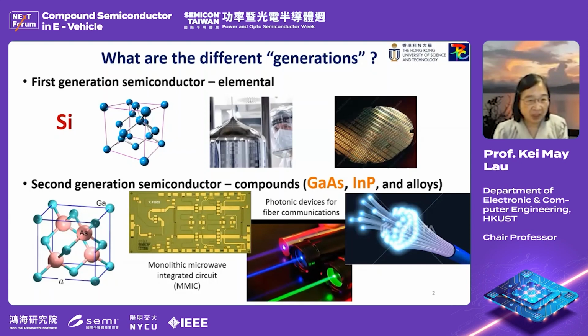And the second generation, people may call it gallium arsenide, indium phosphide, and the alloys of the 3,5 alloys. These compound semiconductors have also been used for a long time, particularly for microwave integrated circuits and monolithic integration, and for photonic devices, for lasers and fiber communication.